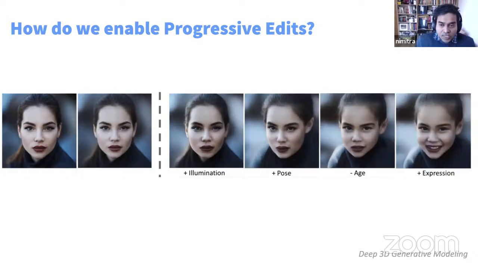Notice that the identity of the person we would like to preserve. And by preserving identity, we mean all the other attributes, from a set of listed attributes that we are not changing, are preserved. When illumination is changing, pose is not changing, or age is not changing, expression is not changing.